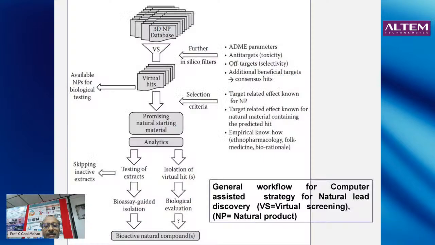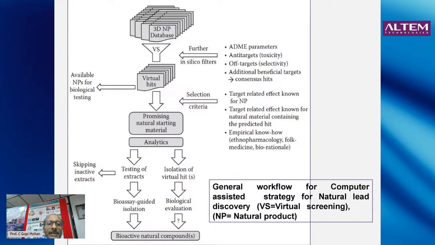So these are the challenges, but still one can derive a workflow like this one: a three-dimensional natural product database, virtual screening to obtain virtual hits, and available natural products for biological testing after applying selection criteria such as ADMET. And as I mentioned earlier, those strategies can be applied to natural product derived compounds with respect to anti-targets, off-targets and additional beneficial targets. And further, you can also identify promising natural starting material.